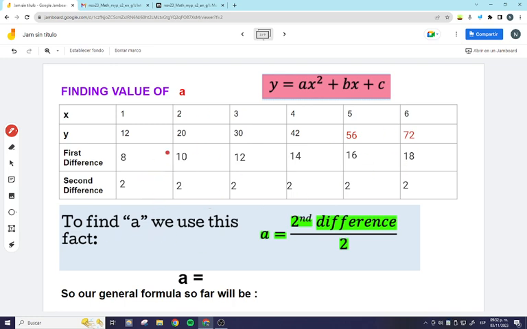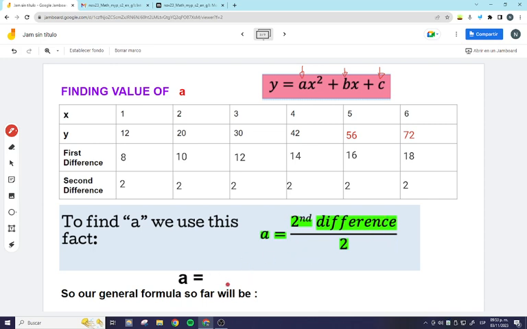So yes, it's the same one. Now we are going to start using it in order to find the coefficients, which is the term for these numbers of the general rule. In order to find a, we have to use this formula or this fact. a is always going to be the second difference divided by 2.